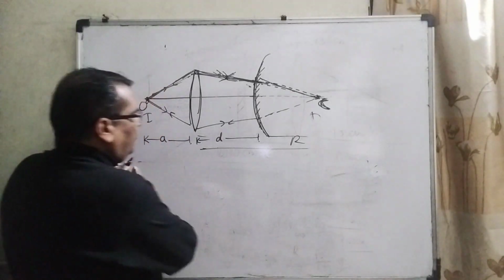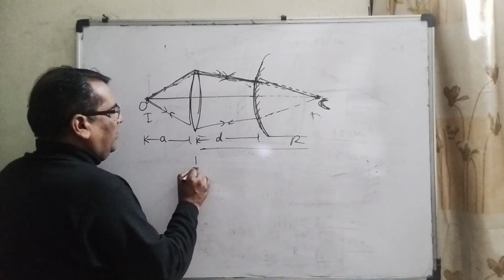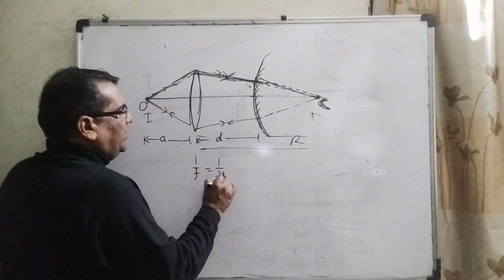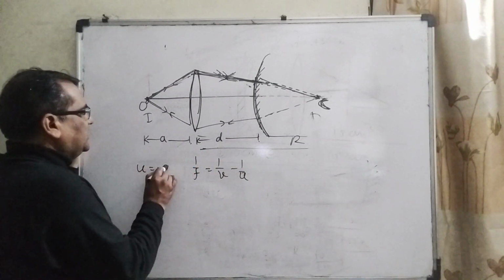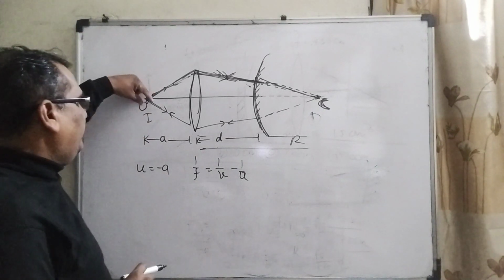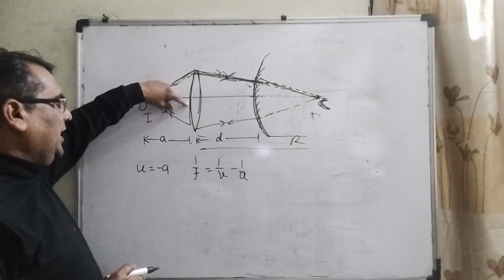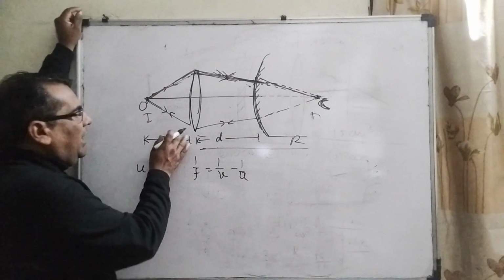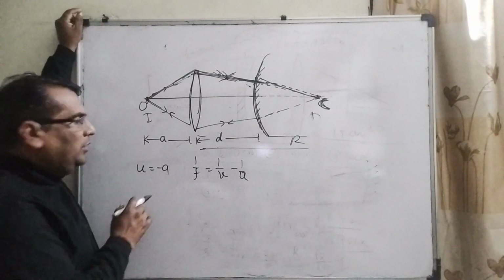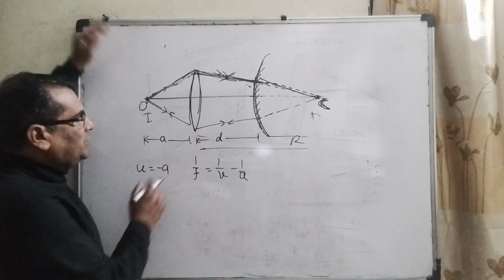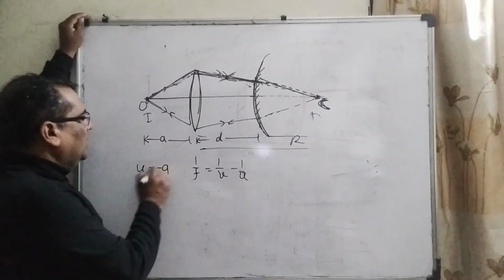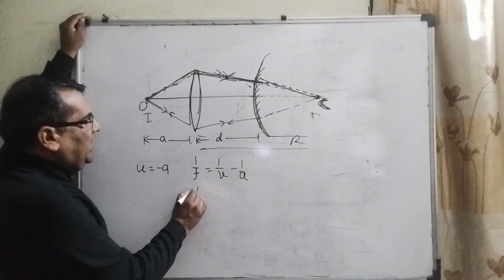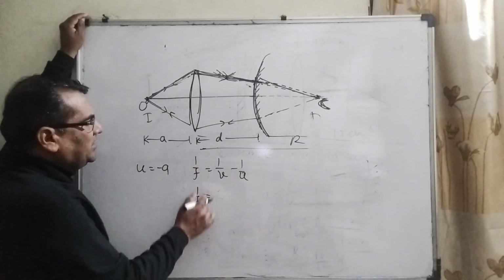So we can use the formula 1 by f equals 1 by v minus 1 by u. What is u? u is minus a, because the object is at distance a from the lens, and by the sign convention it is minus a since we go opposite to the direction of the ray of light. f is already given and it is positive.